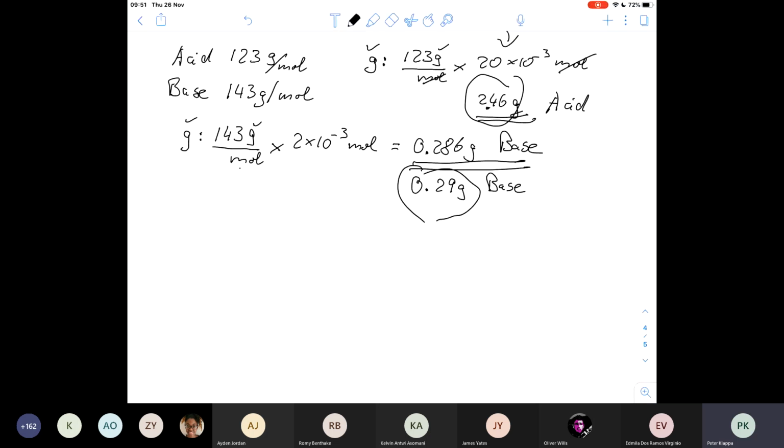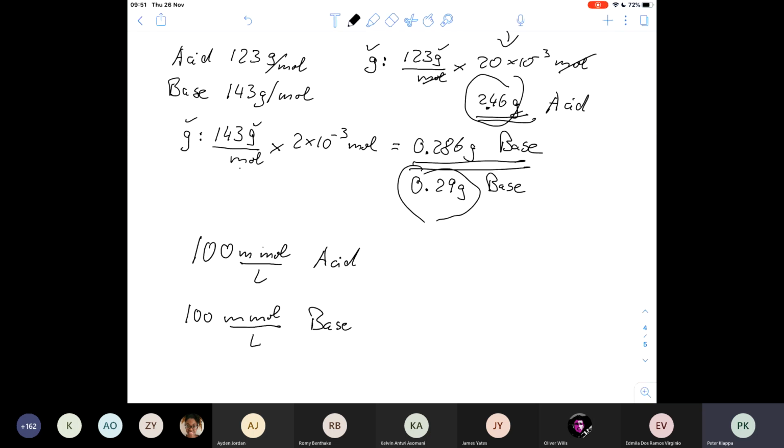One thing that I want you to also think about is, let's say we have a buffer. Let's say we have 100 millimole per liter of acid, and we have 100 millimole per liter of base.